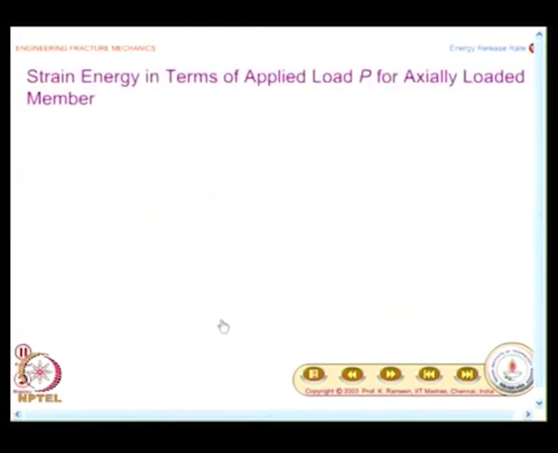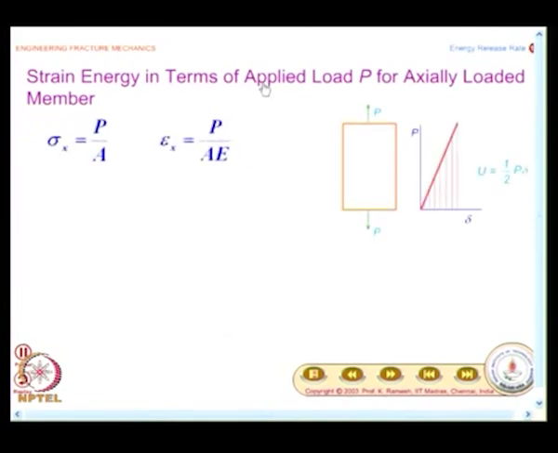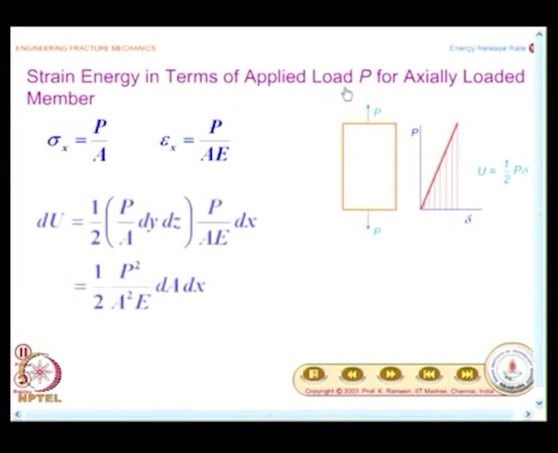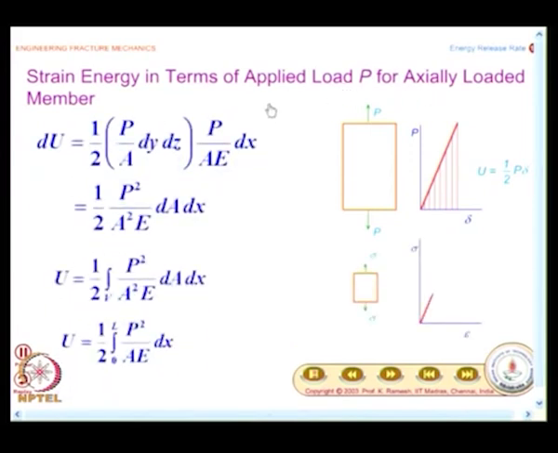We will also now look at strain energy in terms of externally applied load. We will now look at it for an axially loaded member. These are basic expressions which would come in handy when we want to apply the concept of energy release rate for fracture calculation for simple geometries.